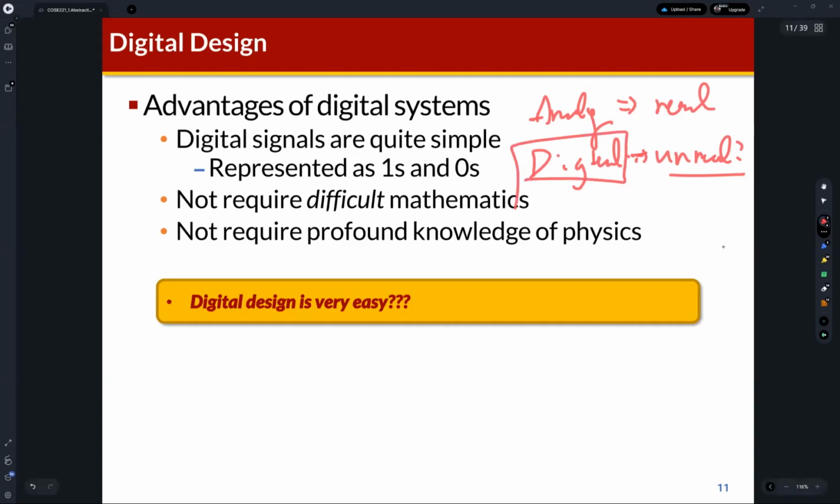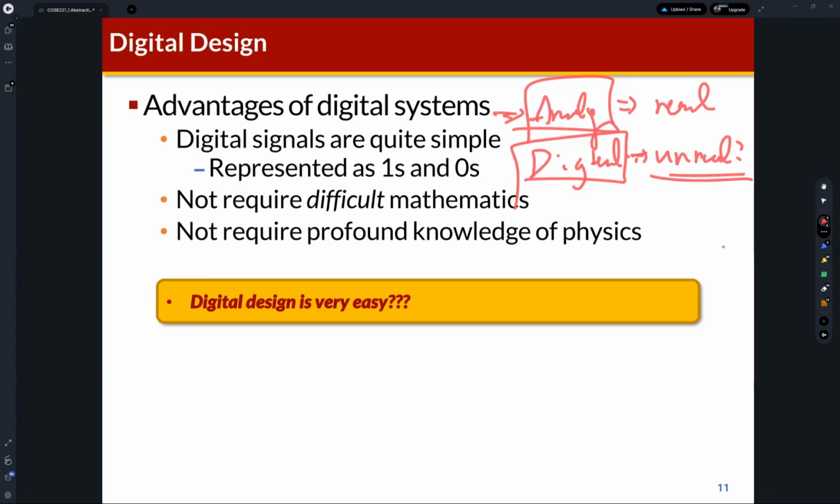So what are these systems? I repeatedly say analog systems handle real data, and digital systems handle unreal data. But that's not true.